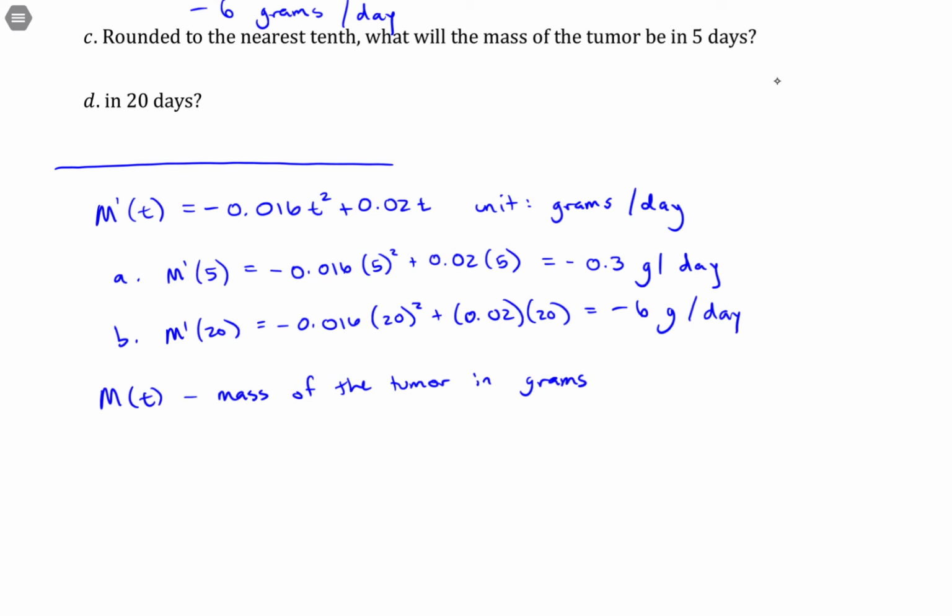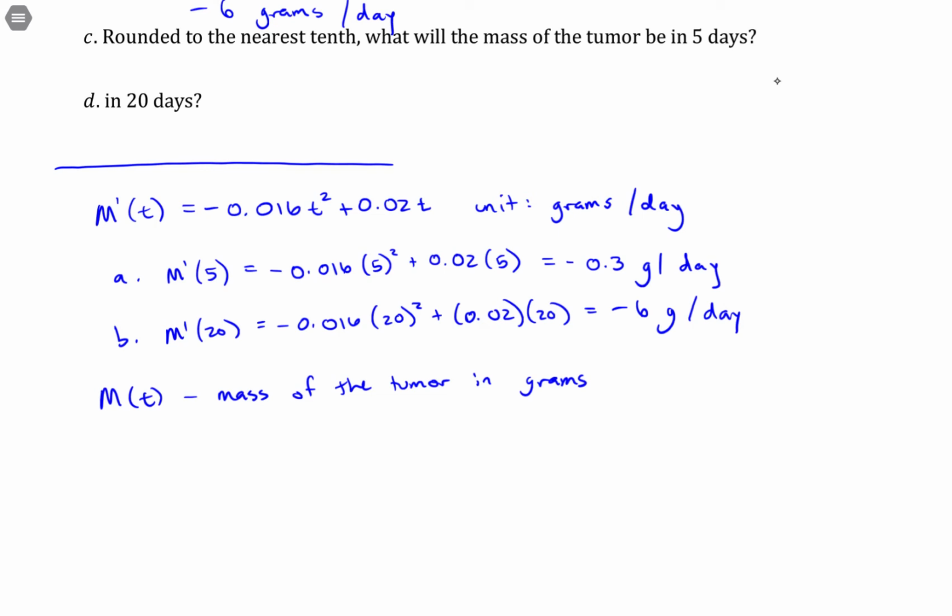The reason I know that is because the derivative of that would be m prime of t, which is how the mass is changing per day. So anytime you have a per day, that's telling you you're dealing with a derivative. If you just have grams or a meter, that's just a measurement.